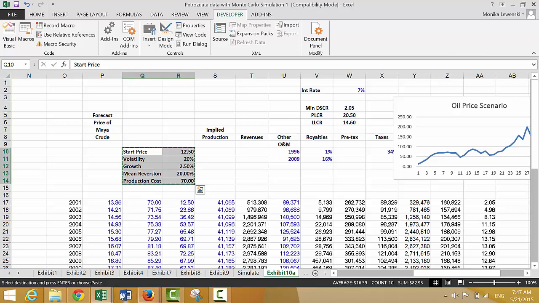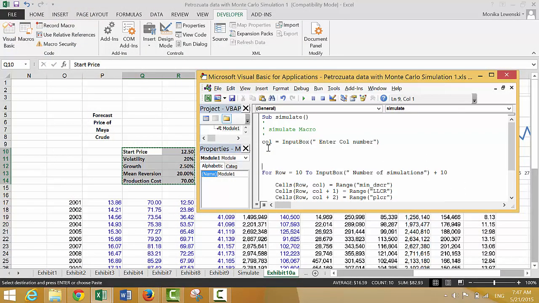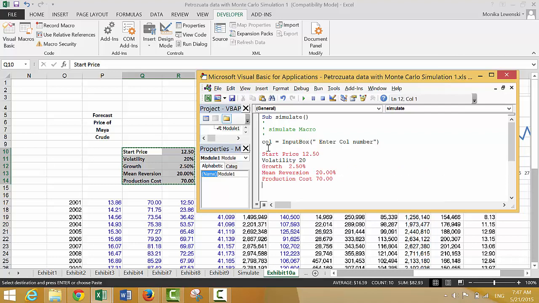I'm going to copy this and go back to our macro, and right after the column, let's put range cells, in row 2, col equals start price, like this.